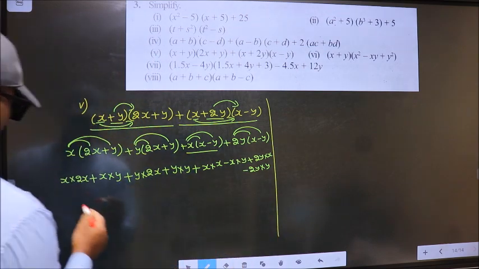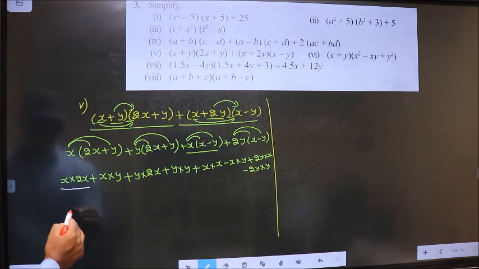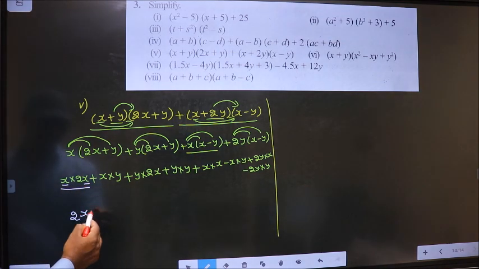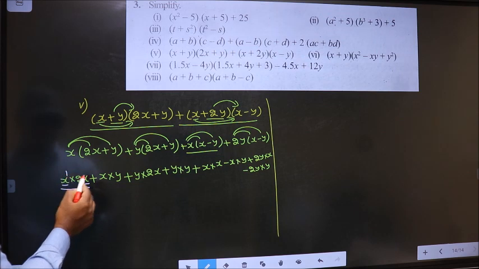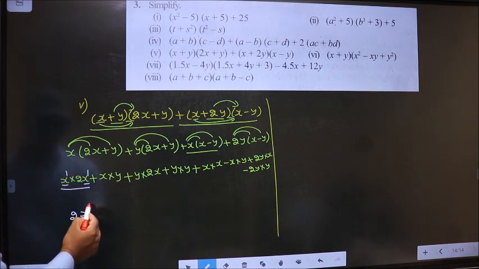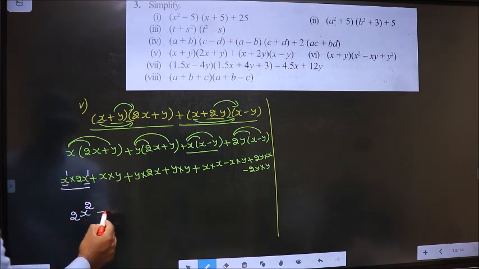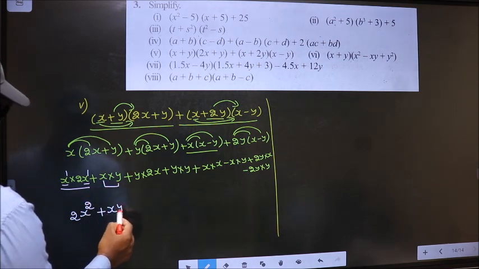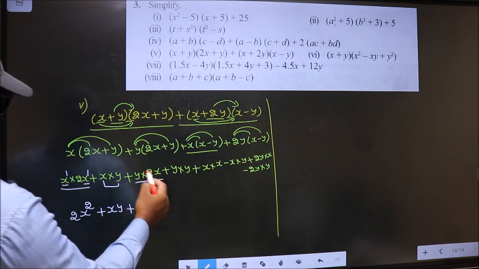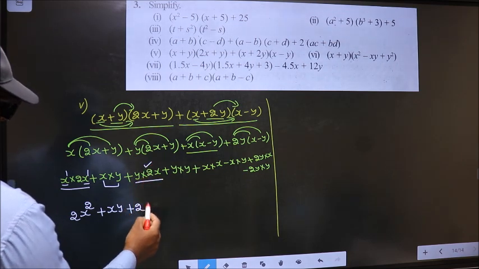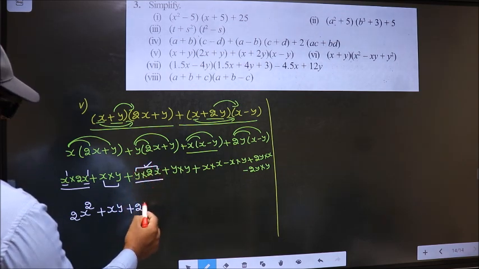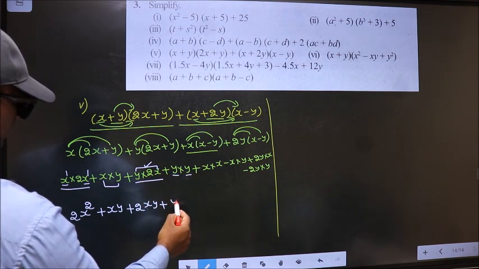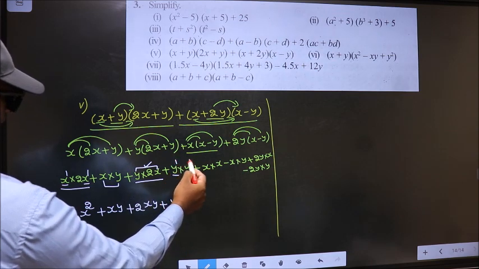Next, in this first we write the number 2. Now x, you write x and the power is sum of the powers. So 1 plus 1, 2. Plus, here the letters are different, so you write as it is. Plus in this number first 2. Letters are different, so you write as it is, plus y will result in y, power is sum of the powers.